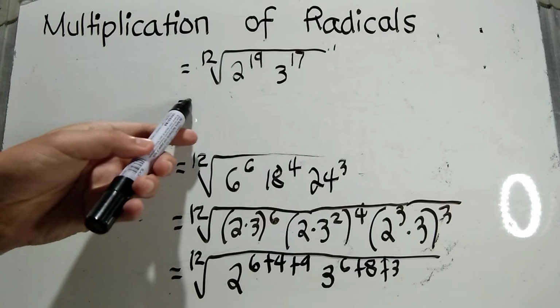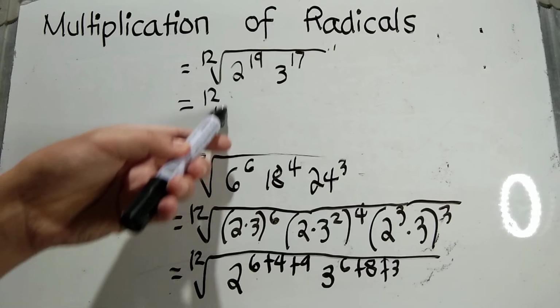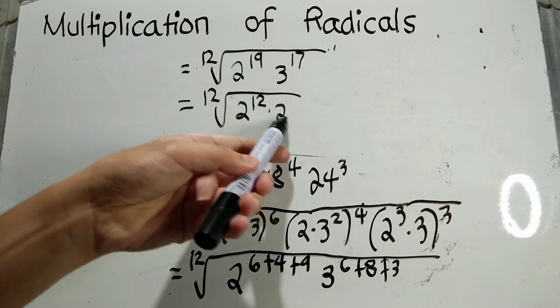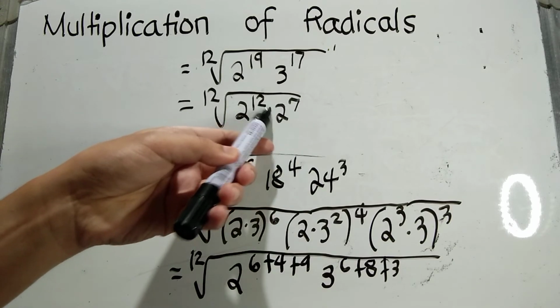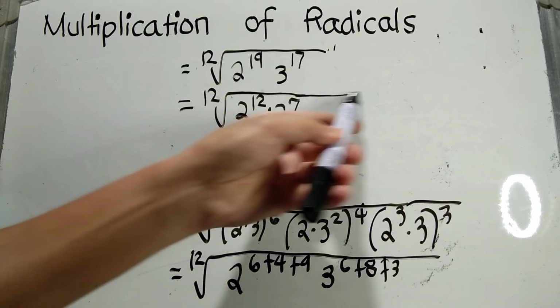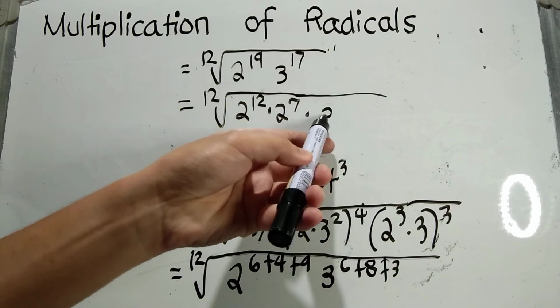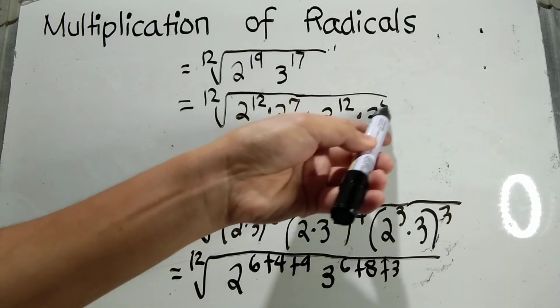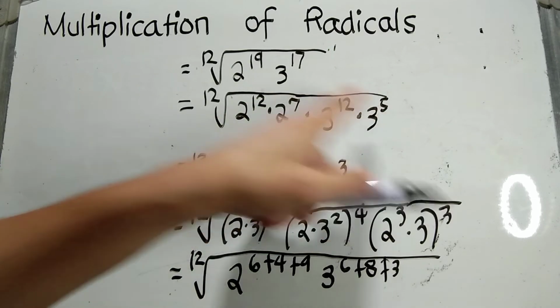And so we can write this one as 12 root of 2 raised to the power of 12 times 2 raised to the power of 7, because if you add 12 plus 7, it's 19. And then times, do not forget, 3 raised to the power of 12 times 3 raised to the power of 5, because 12 plus 5 is 17.